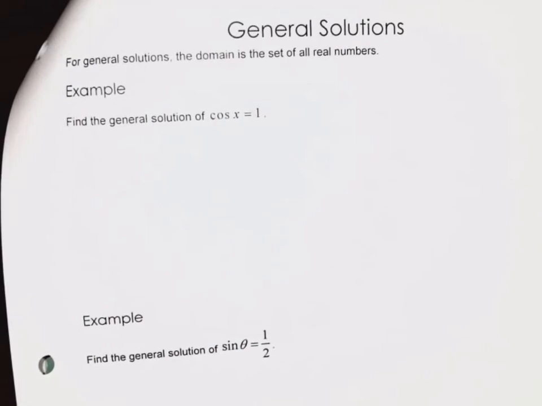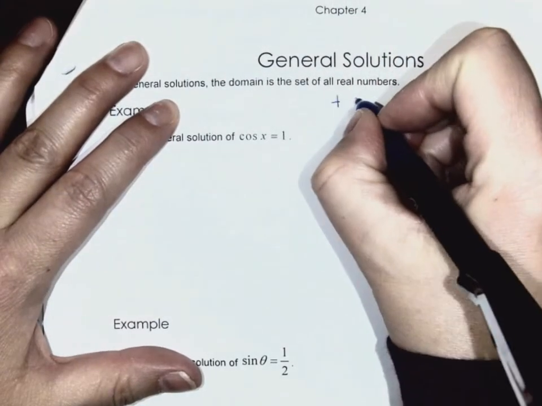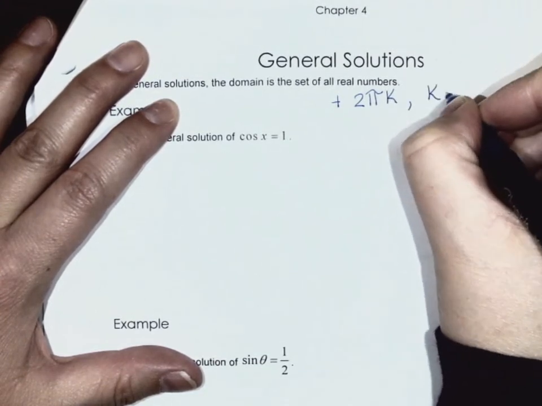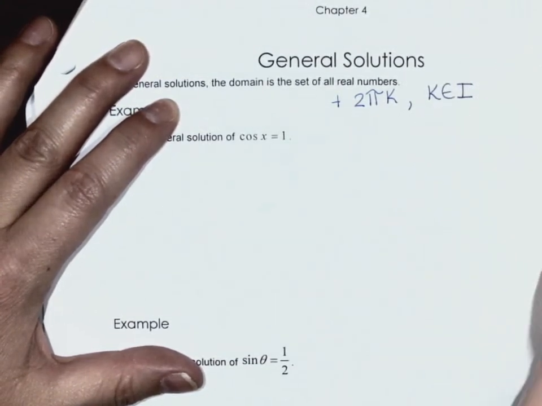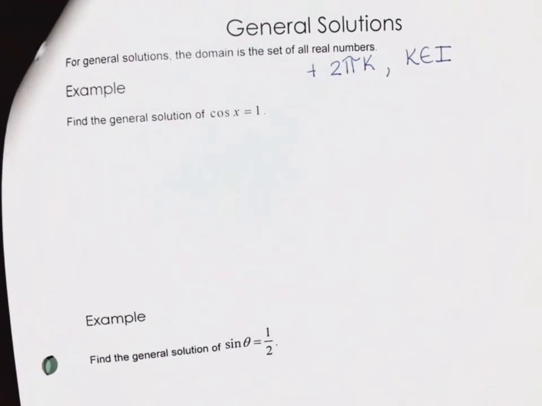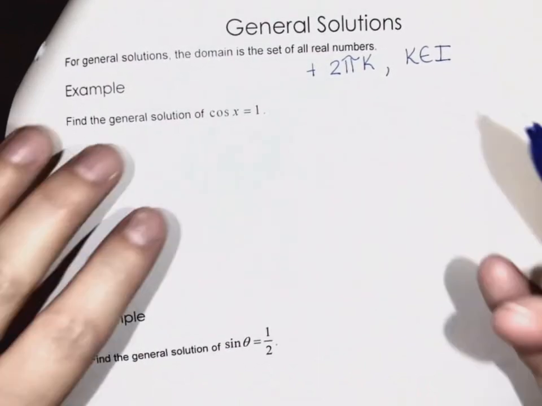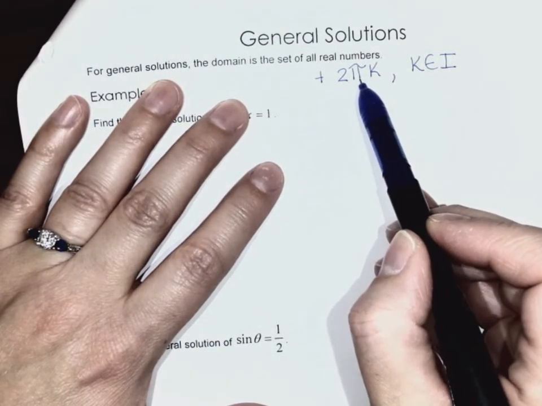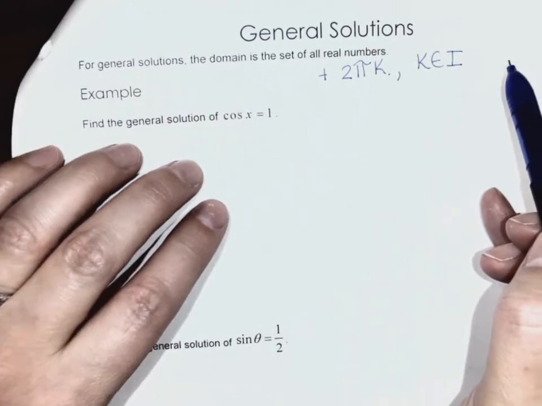Okay, so general solutions. We already did these. And what does this mean? We're adding 2 pi, and k is an integer.